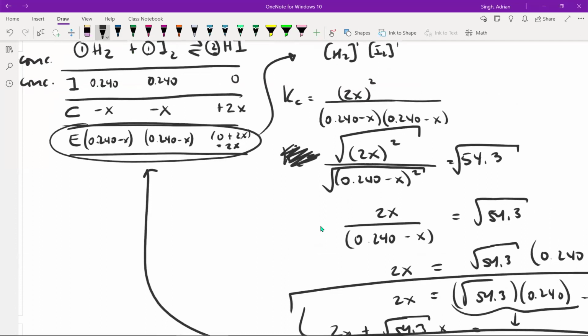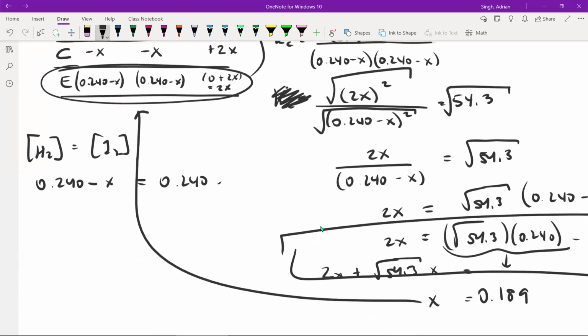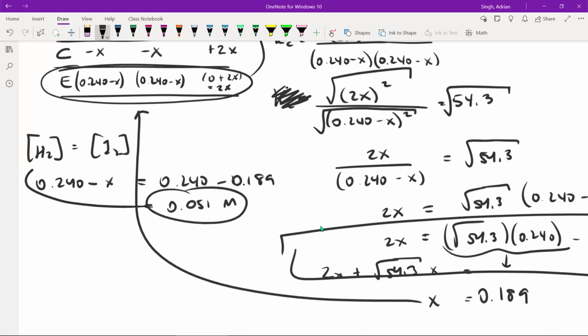So the equilibrium concentration of H2, which is the same as I2, would be equal to 0.240 minus x, and x there was 0.189. So that equilibrium concentration would be equal to 0.051 molar. That's the concentration of H2 and also the concentration of I2.